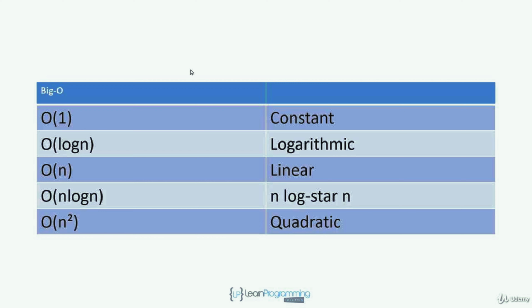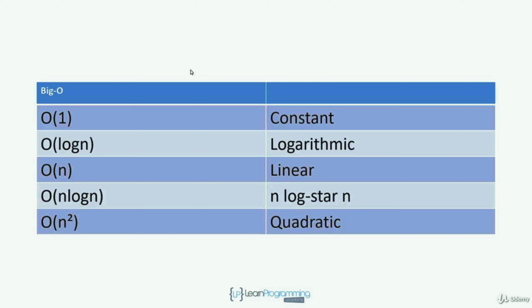These are the big O values we're going to mainly see in this course. We have O of 1, which is constant time complexity; O of log n, which is logarithmic time complexity, and that's log to the base 2, not log to the base 10; O of n, which is linear time complexity; O of n log n, which is n times log to the base 2 of n; and O of n squared, which is quadratic time complexity.